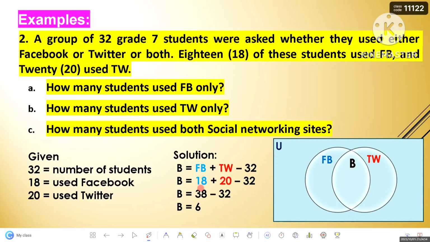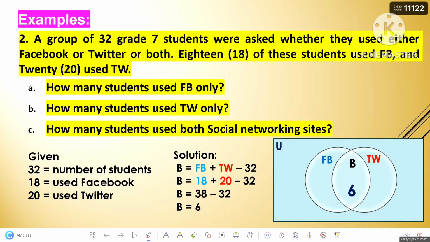Remember, our FB is 18, our Twitter is 20, our population is 32. So B is equal to 18 plus 20, which is 38, minus 32, so we have 6. Our B here is the intersection, so we write 6 here.